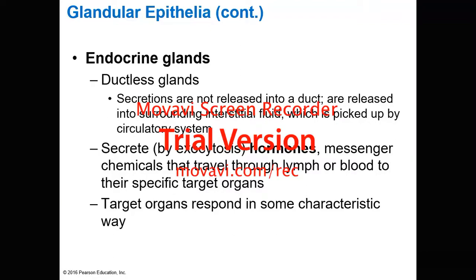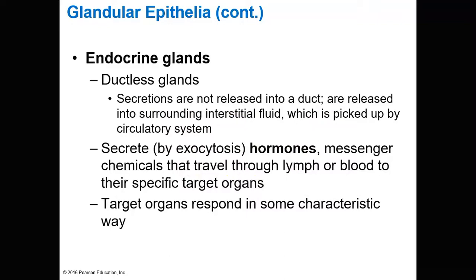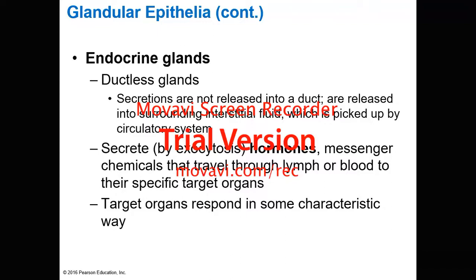A lot of the endocrine glands secrete hormones, which are chemical messengers that travel through the lymph or blood to their specific target organs, and then the target organs are going to respond in some characteristic way. So a lot of what endocrine glands secrete are hormones.